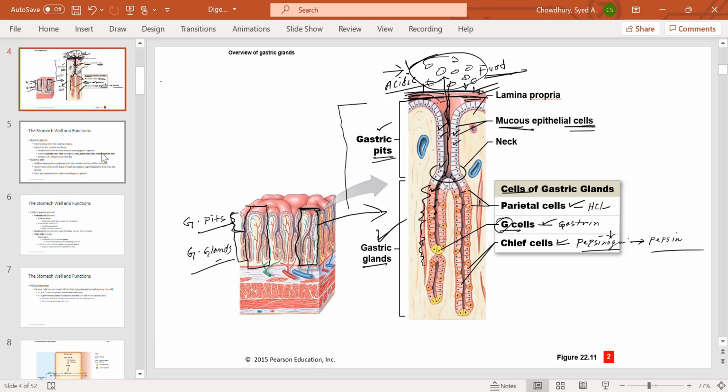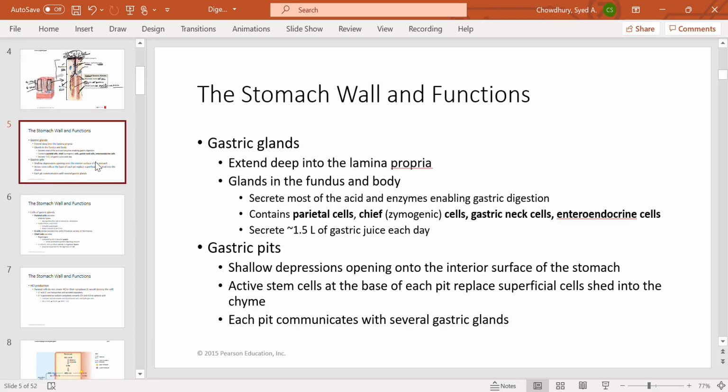So now we'll see. You see, the gastric gland has parietal cells, chief cells, also called zymogenic cells, gastric neck cells, and enteroendocrine cells. Okay, these are the important cells.